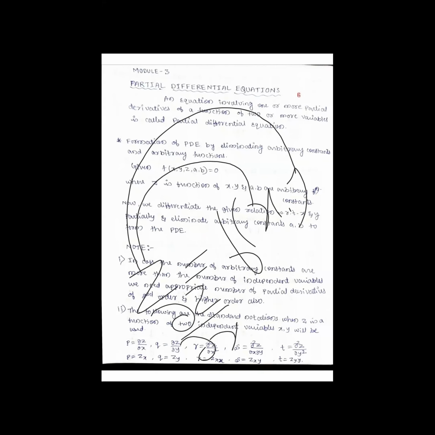If you differentiate with respect to y, I'm getting dou z by dou y. So when we differentiate the given function with respect to x and y partially, we eliminate the arbitrary constants a and b to form the PDE.